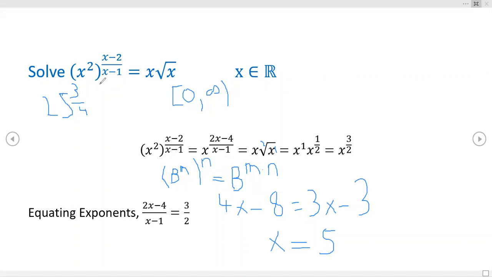If you put 5 there, you get 3. If you put 5 there, you get 4. So it's 25 raised to the 3/4 equals 5 times root 5.